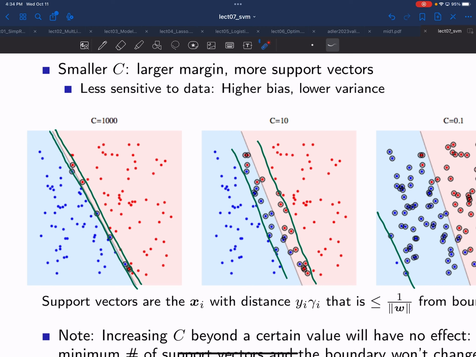So we don't want any samples in the street or on the wrong side of the street. And for this data set, it's hard to tell visually whether it's linearly separable or not, but it very well might be. As C decreases, we say we don't care about violating that margin constraint. So now we have some samples that are in the street. And in fact, we even have some samples that are on the wrong side of the street, which did not seem to be happening over here. It doesn't look like we're making decision errors with that classifier, but with this classifier, we are making decision errors on the training data.